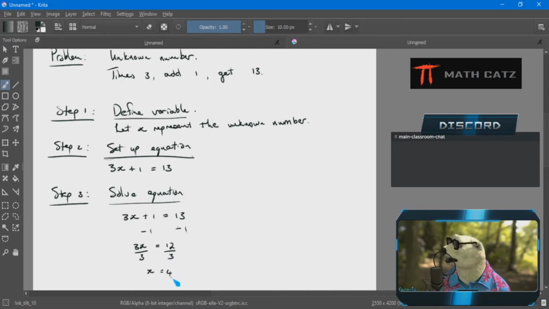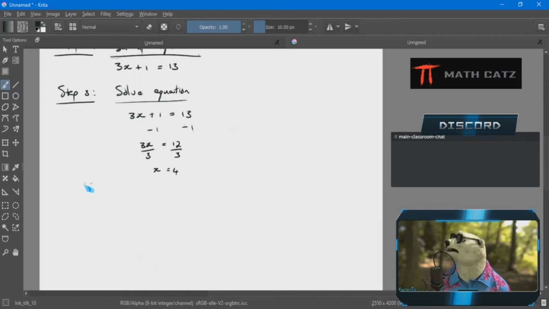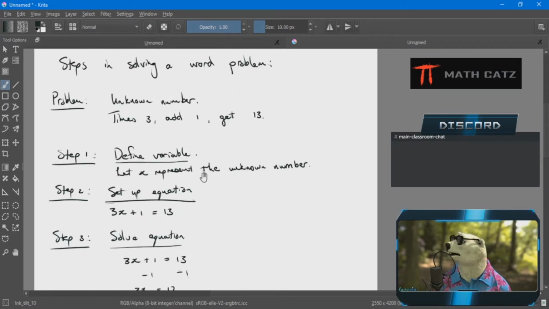And I get an equivalent mathematical sentence, x equal to 4. But that sentence is so easy to read, I can very easily translate it back and write a concluding sentence. My original problem was in English.